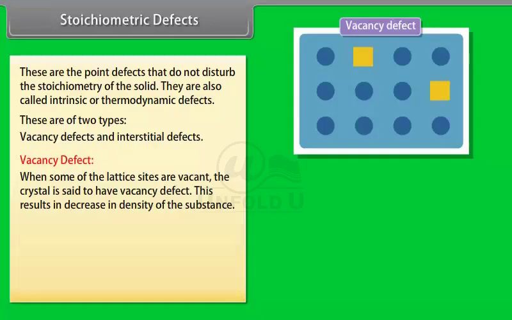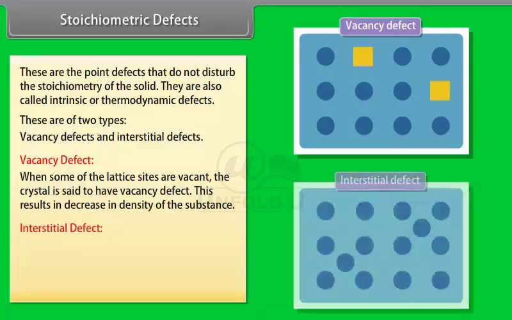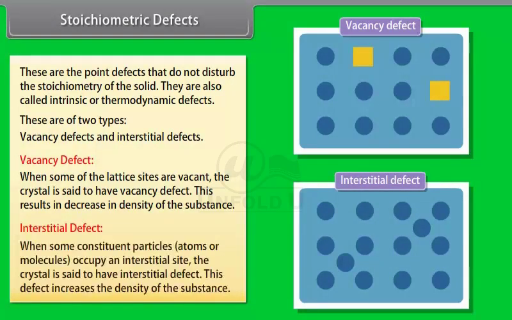This results in decrease in density of the substance. 2. Interstitial defect. When some constituent particles, atoms or molecules, occupy an interstitial site, the crystal is said to have interstitial defect. This defect increases the density of the substance.